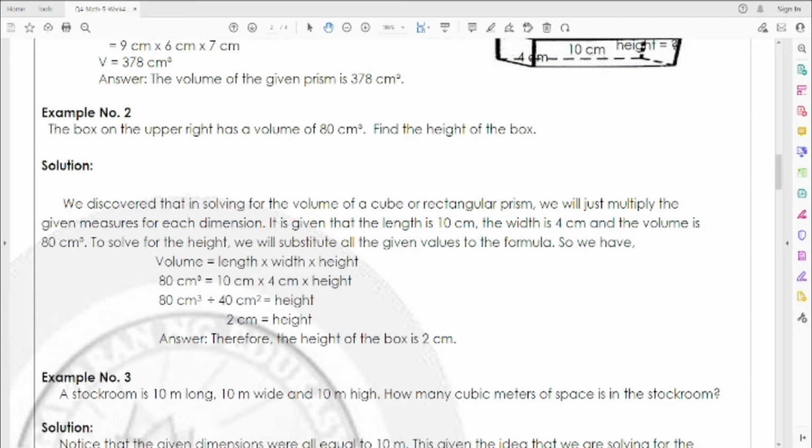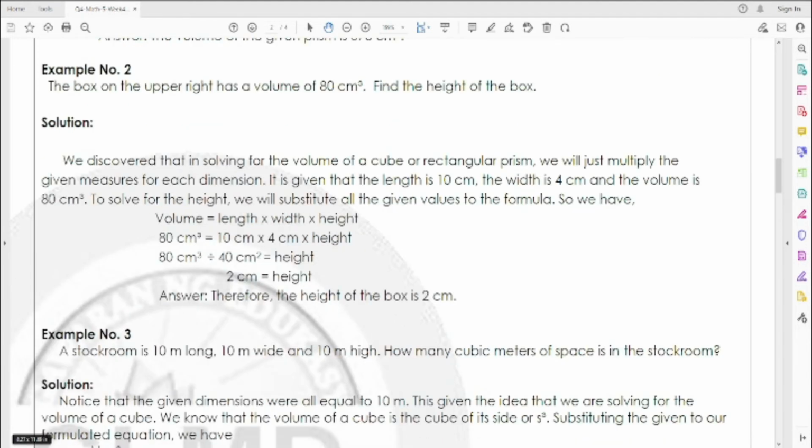So we will divide 80 cubic centimeter by 40 square centimeter, which is equal to the height. So the answer is 2 centimeter is our height, and therefore the height of the box is 2 centimeter.